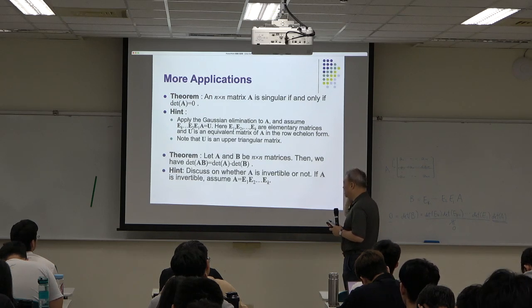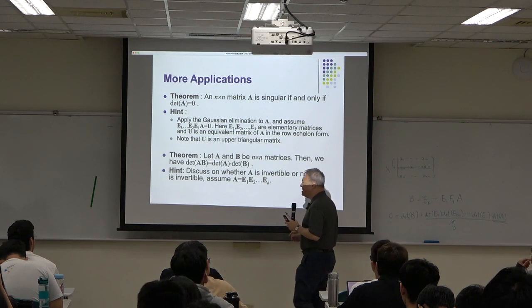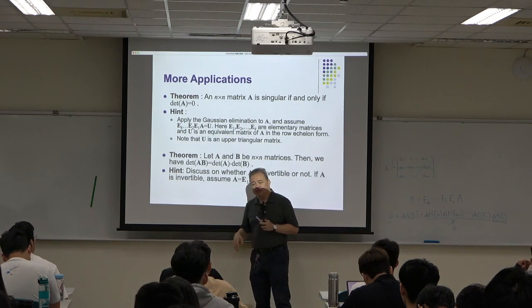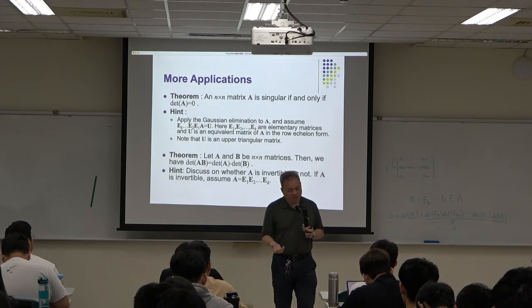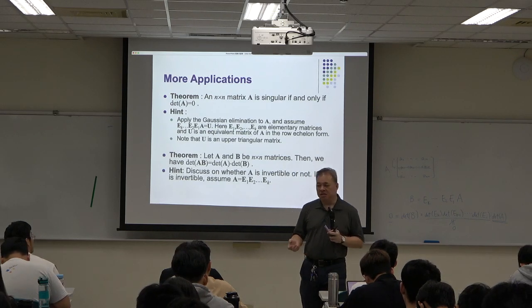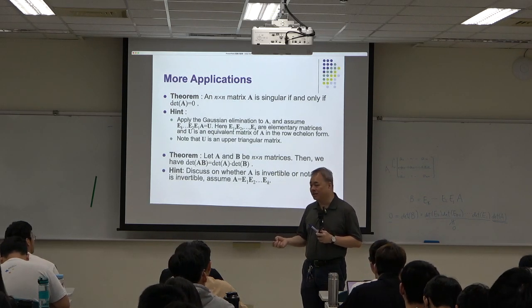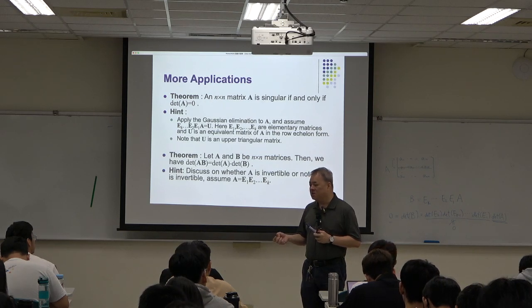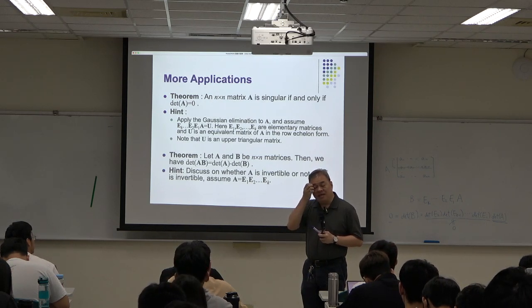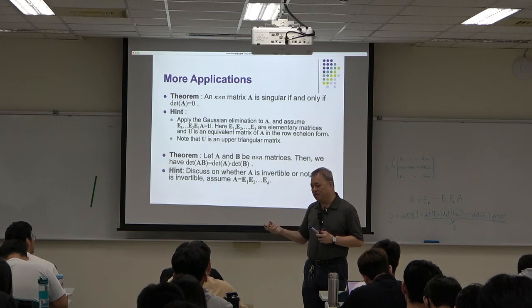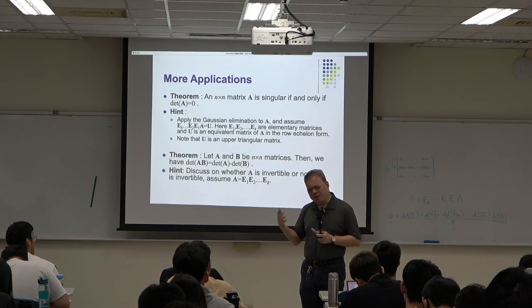First, if at least one of them is singular, because a matrix could be either singular or non-singular, right?